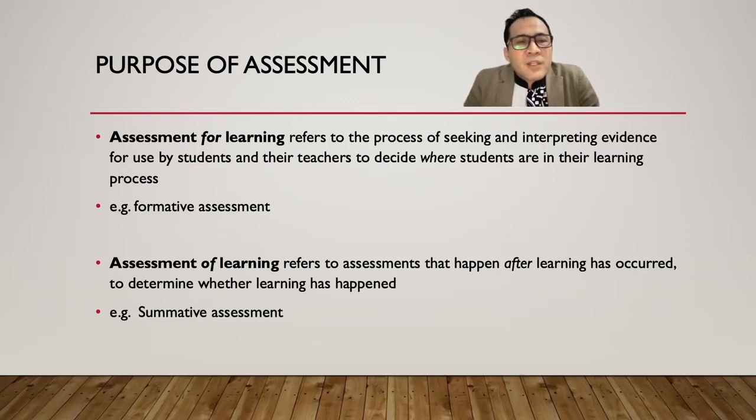So assessment of learning means assessment that happens after learning has occurred, to determine whether learning has happened or not. This is to find out whether the goal is achieved or not. The teacher should make sure that the learning process has been given, and to find out at the end of the teaching, we call this assessment of learning. We call it summative assessment.